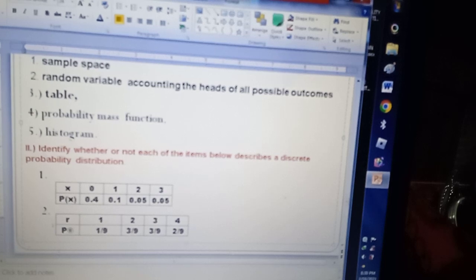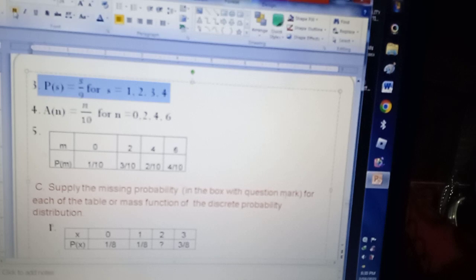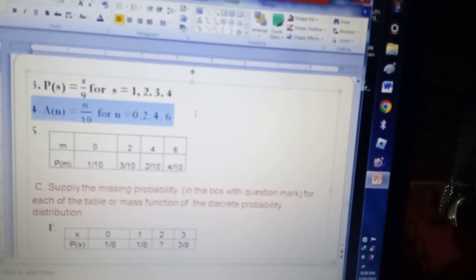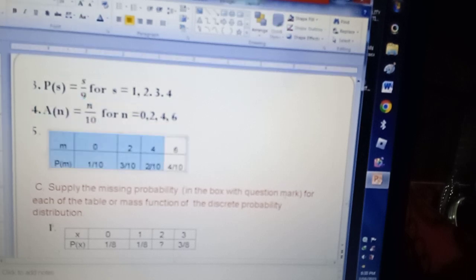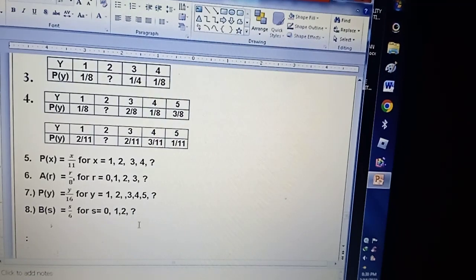P of R. So these are the questions. Also here, number 3, I will make it clearer. Okay, and this one, I hope this will be made clear. And also this one, no? And this one.